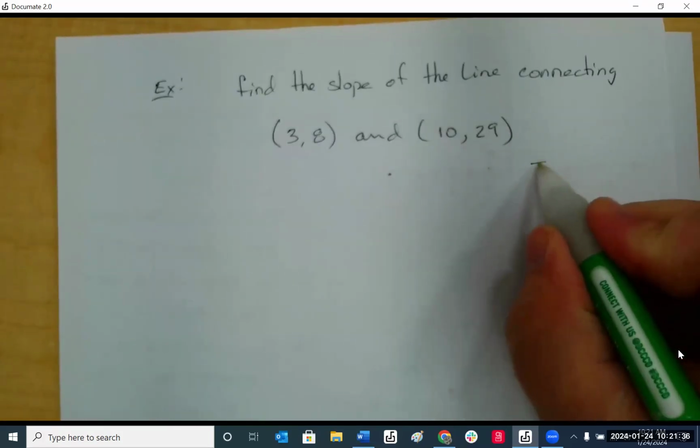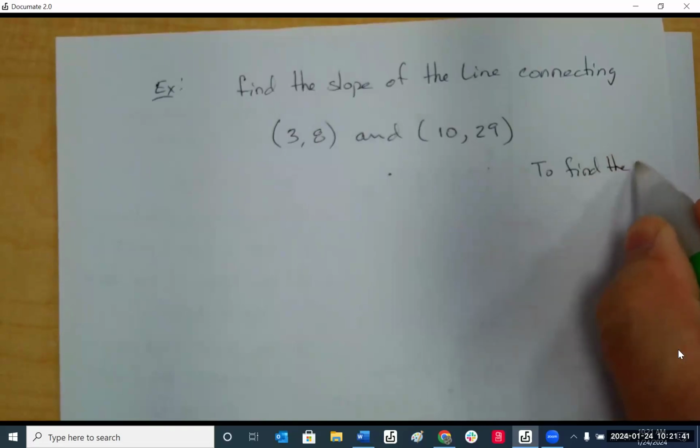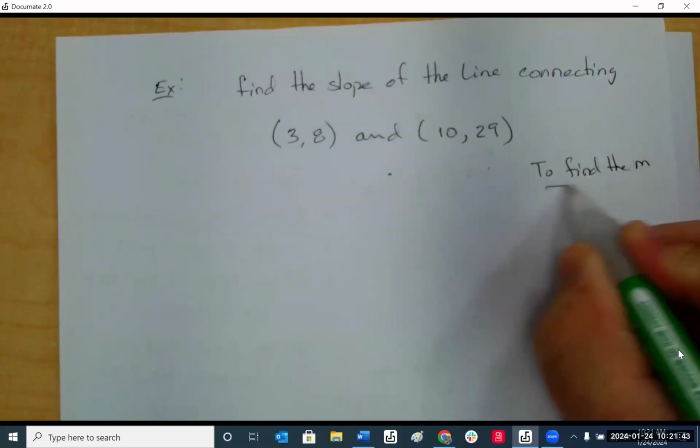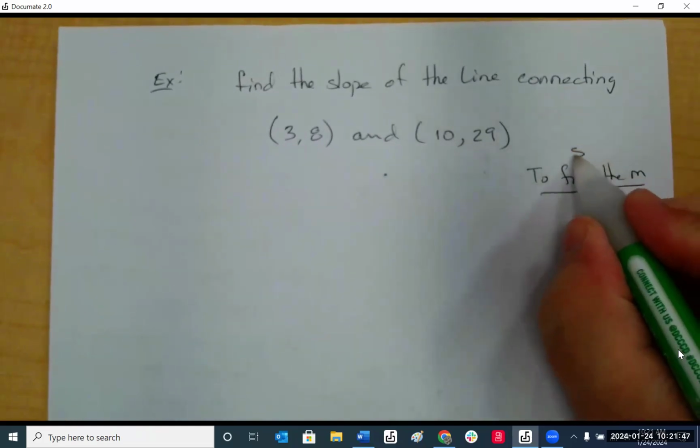So to find the slope, to find m, here are the steps.